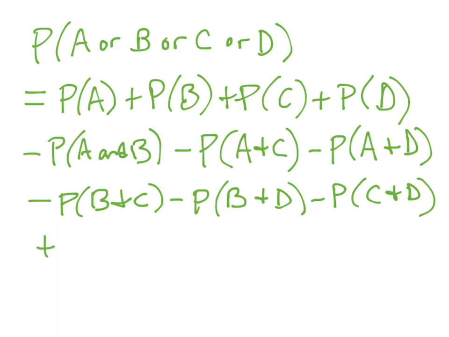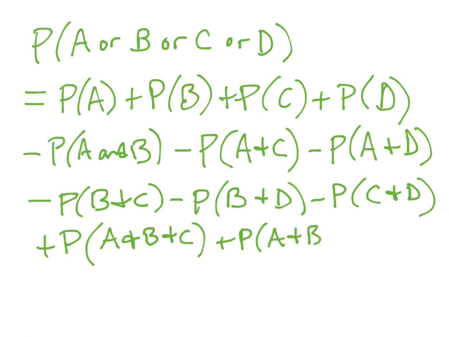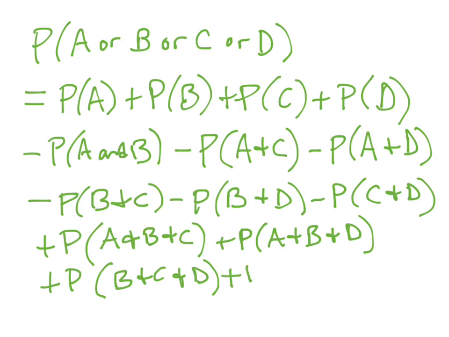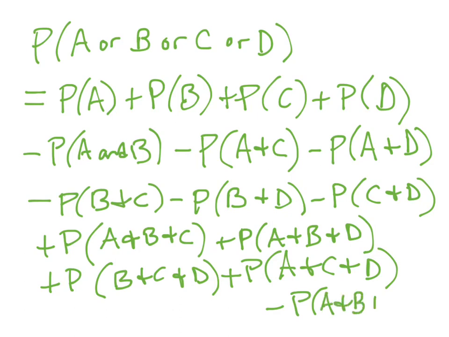and then I need to add back in the probability of the intersections of three things, so A and B and C, and A and B and D, and B and C and D, and A and C and D. All right, and then finally subtract the probability of all four, A and B and C and D. Okay, so that's a lot, but if you're interested, that's how you would do it.